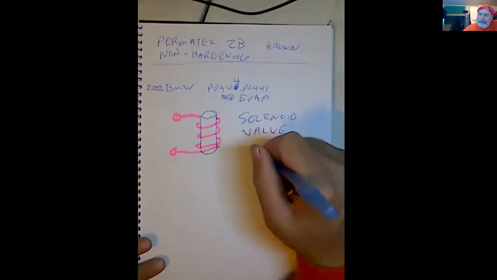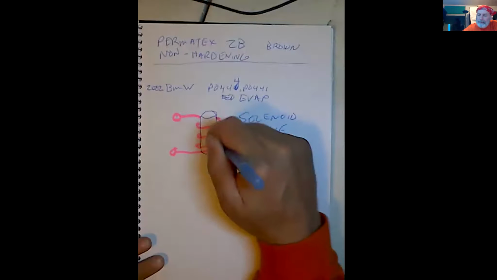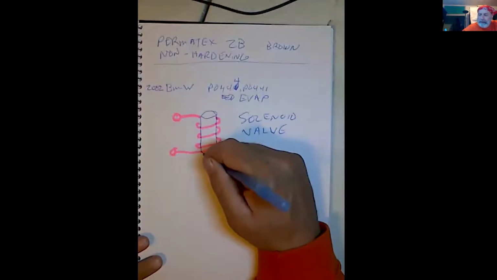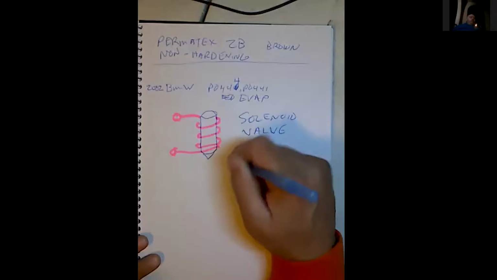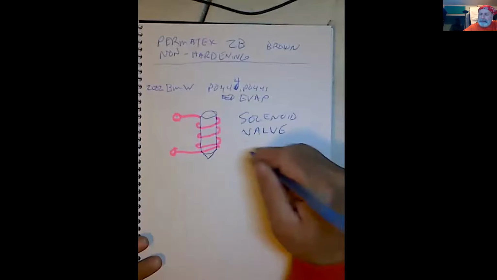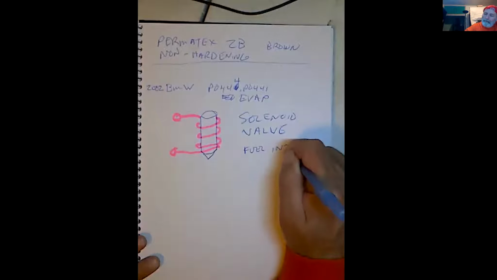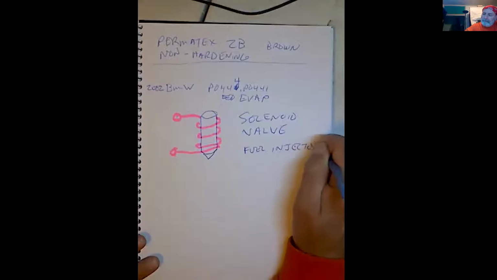Okay, so solenoid valve. You've got all of these wraps of wire around a steel shaft, and that in itself is a valve. It's the exact same thing as a fuel injector as well, which is funny.